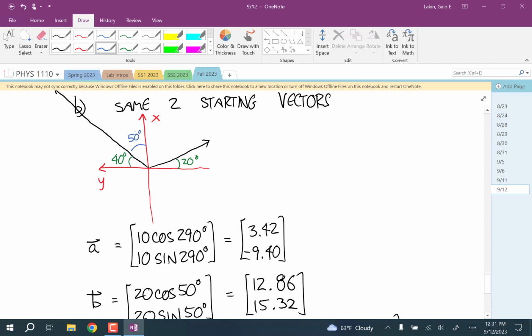You see that? And so you could go 90 plus 50 and get the same thing, because it's 90 degrees between every pair of coordinate axes. Any other questions?